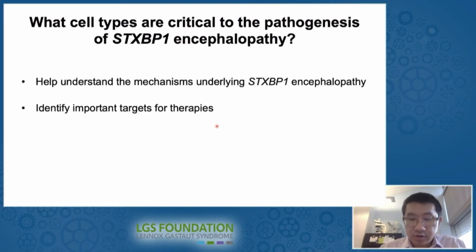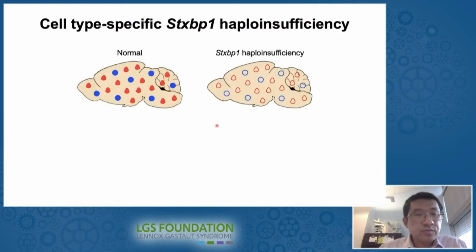Because in order to know the most critical cell type, we have to deliver our therapy to those cell types, right? If it's a gene therapy, then we need to know what cell type we must target, right? So for this experiment, we basically want to create cell type specific XDX-BP1 haploinsufficiency models.